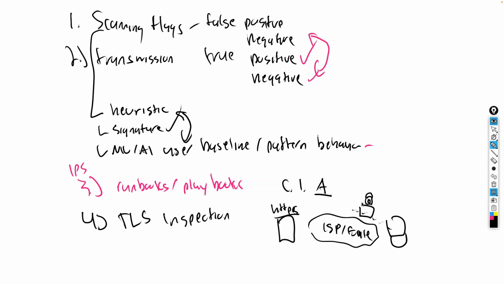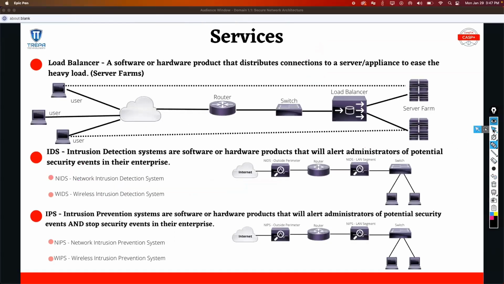So doing TLS inspection should be the standard, because if you don't, you aren't actually properly detecting anything. If an advanced persistent threat or a hacker is in your network doing data exfiltration, it's going to be encrypted. Now, you may be able to do network scans and see some ports open, but it's always best practice to do that TLS inspection when we have any device doing deep packet inspection on our network.